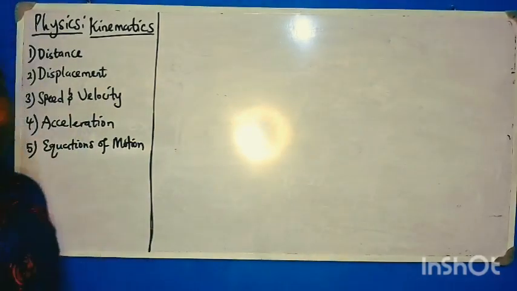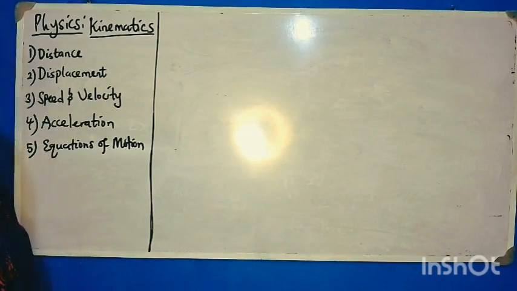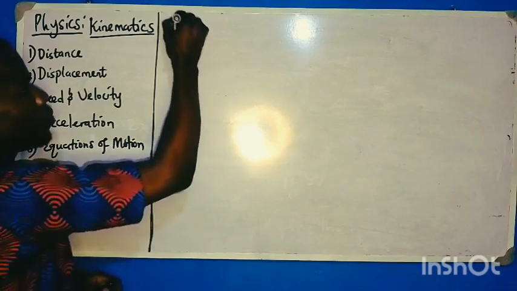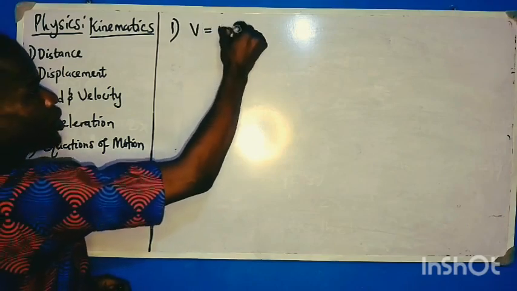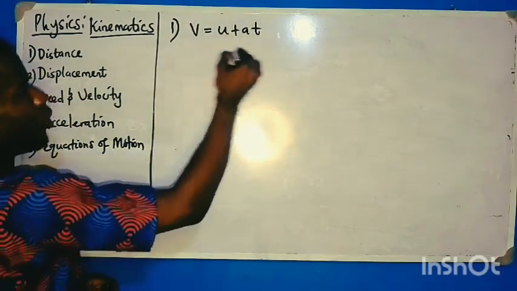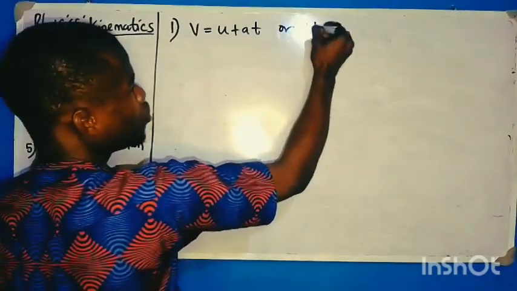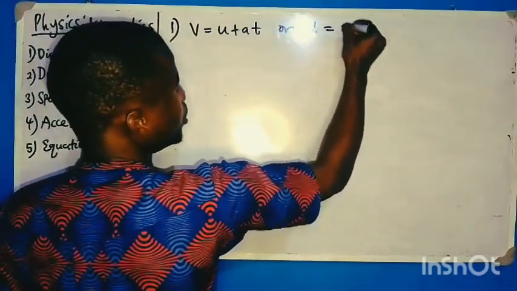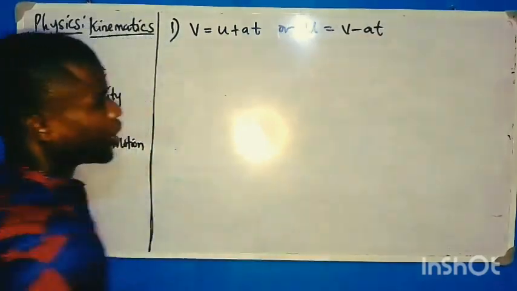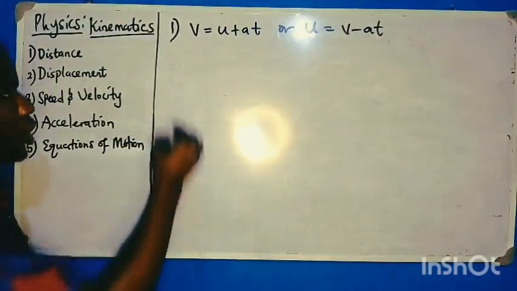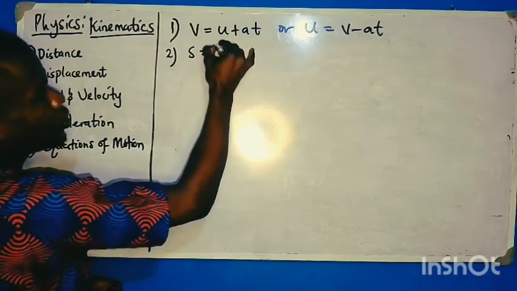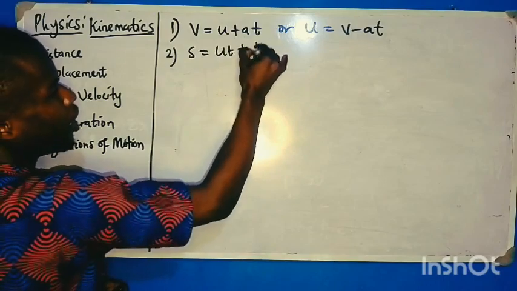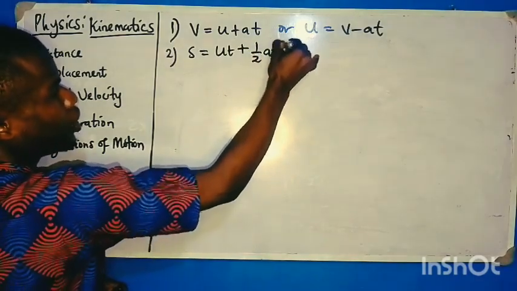Now let's look at the equations of motion. The first one is v is equal to u plus at, or we can say u is equal to v minus at. Number 2, we have s is equal to ut plus half at square.